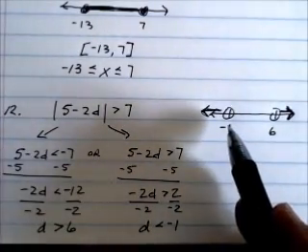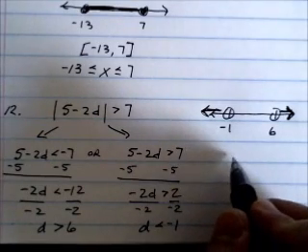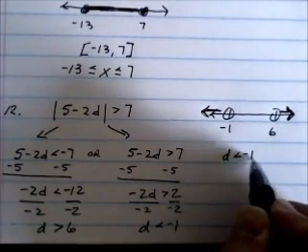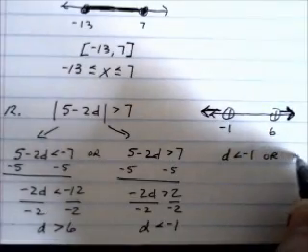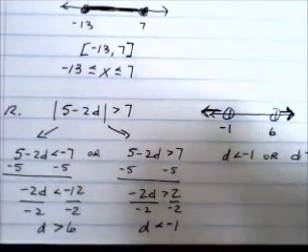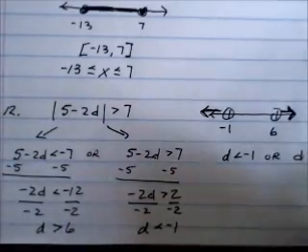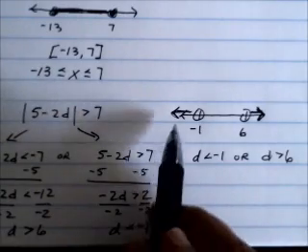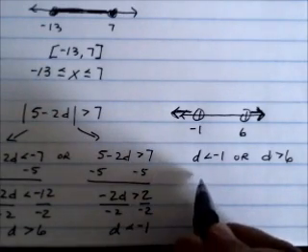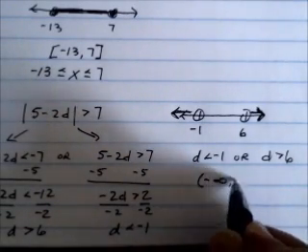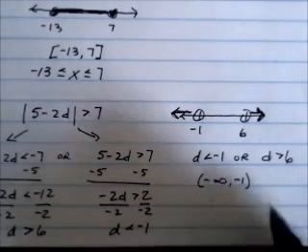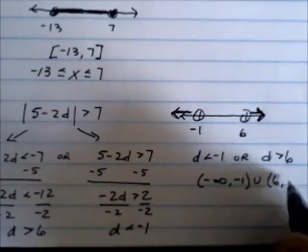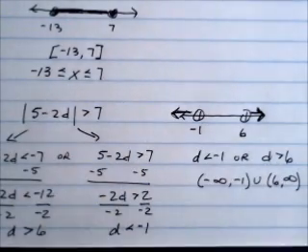Now symbolically, these are all values of d that are less than negative 1 or greater than 6. And in interval notation, we're going from negative infinity to negative 1, parentheses, union with 6 to positive infinity.